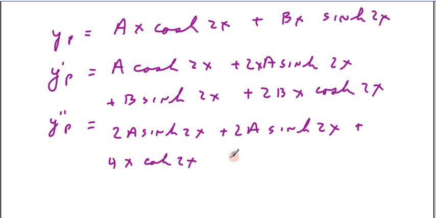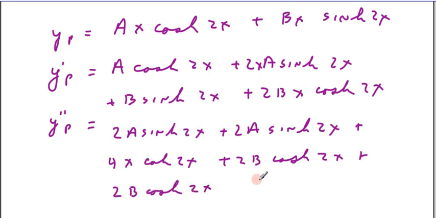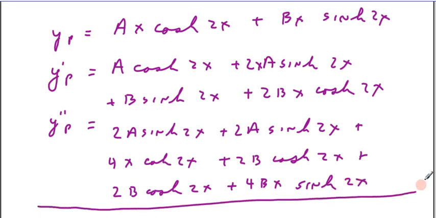And now we're working on this guy, plus 2b hyperbolic sine 2x plus 2b hyperbolic cosine 2x plus 4bx hyperbolic sine 2x. Now, isn't that just lovely? That is just so marvelous.